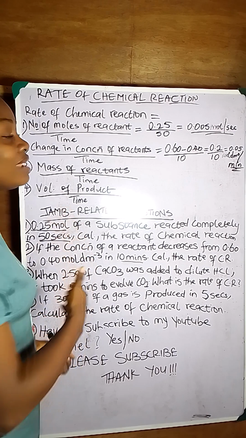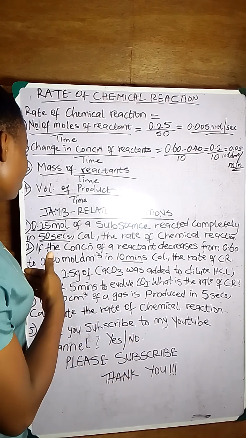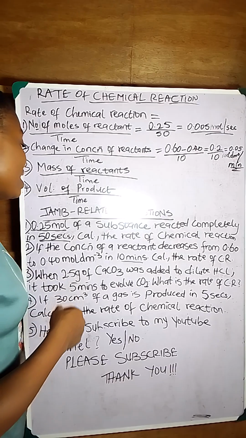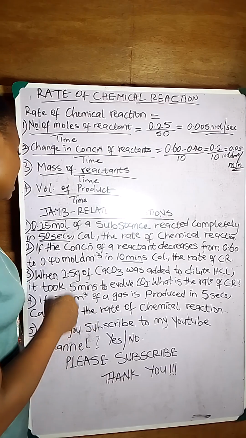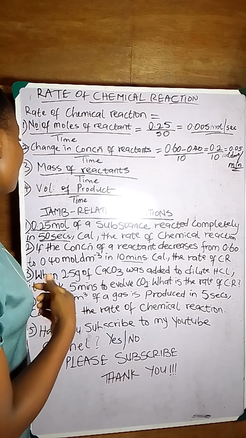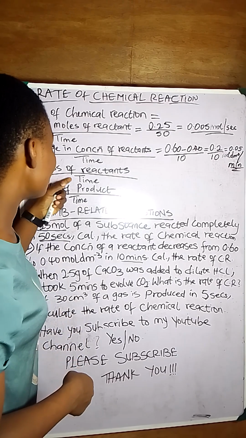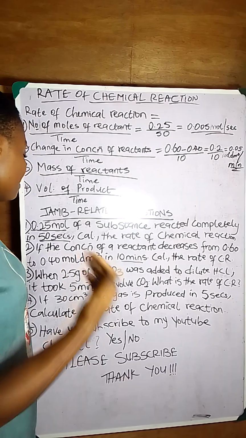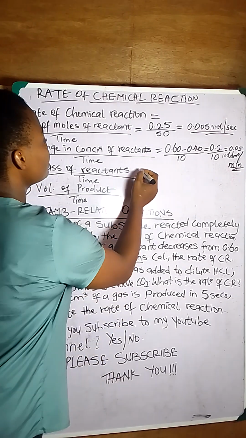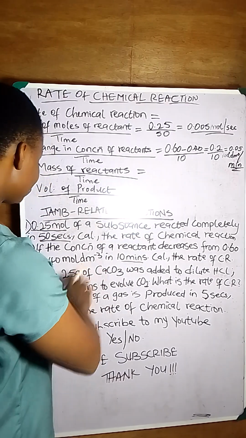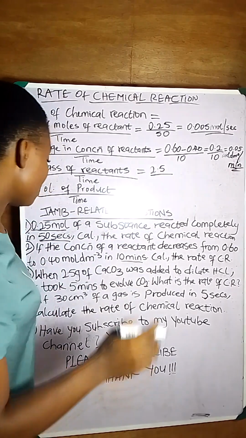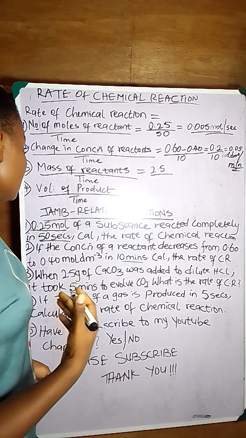With which formula are we to use? We are going to use the one that is enabling us to find the rate of chemical reaction. Now, which one are we going to use? The mass of what? Reactant. Because they have given us the mass, which is 2.5 grams. Okay? So here we say mass of reactant is 2.5 all over, what is the time it takes?